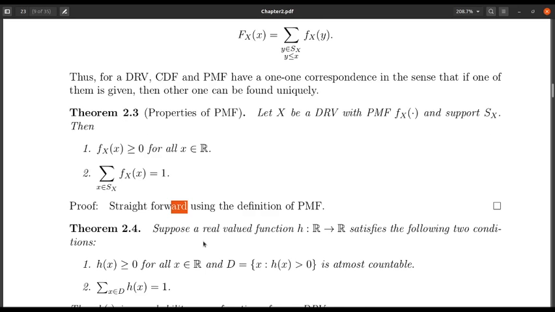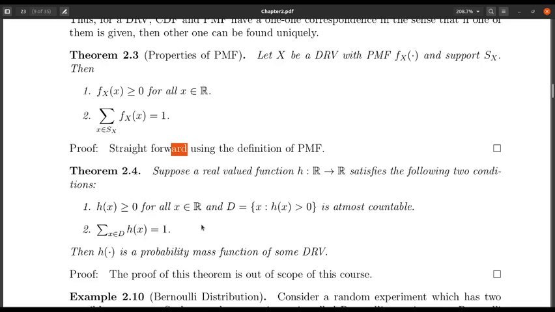The interesting thing, whose proof cannot be given here, is Theorem 2.4. What does it say? Intuitively, it says that if some function satisfies both these conditions, it turns out to be a probability mass function. So if I have a function h from R to R which satisfies these two conditions, the first condition says that h(x) is greater than or equal to 0 for all real numbers. That corresponds to this one.